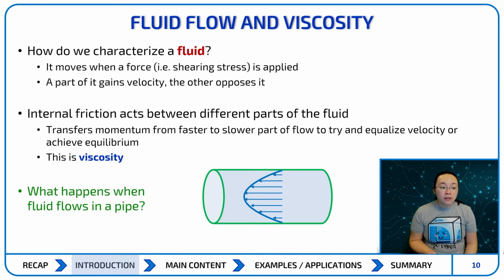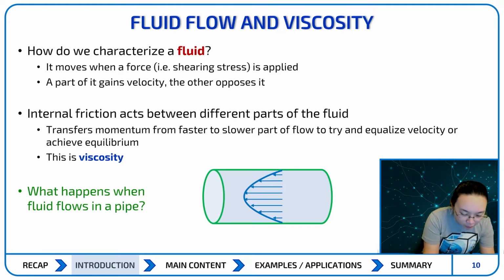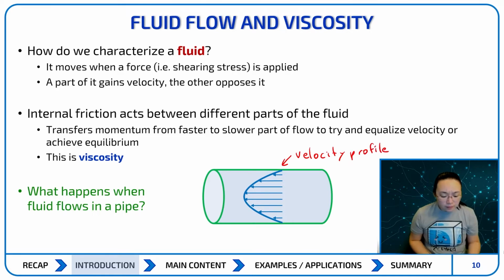So the next question is, now that we get what a fluid is and viscosity, what happens when a fluid flows in a pipe? When a fluid flows in a pipe, you usually end up with some velocity profile like this. This is called a velocity profile. And that velocity profile does tell us a little bit about what's happening.